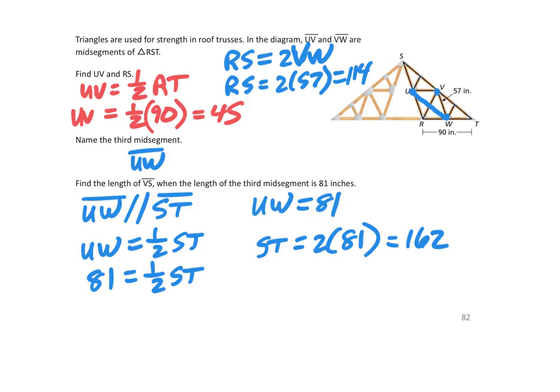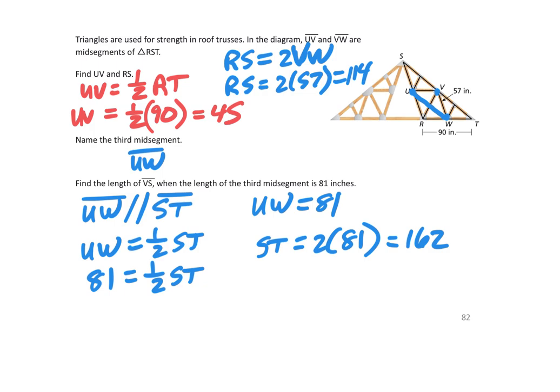I want to find VS. VS is this piece right here. Okay, I just found ST. What do we know about V? V is what? It's the midpoint, okay? It's right in between. So if this whole thing is 162, then what would VS be? 81. It's the same as the length of the midsegment. So each of these pieces are the same as the midsegment because this is half of that piece, okay?